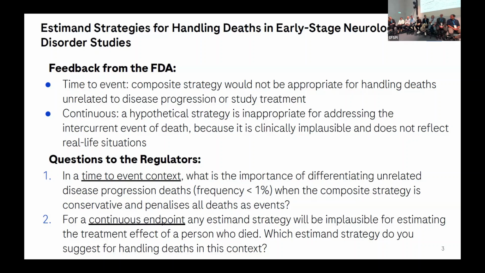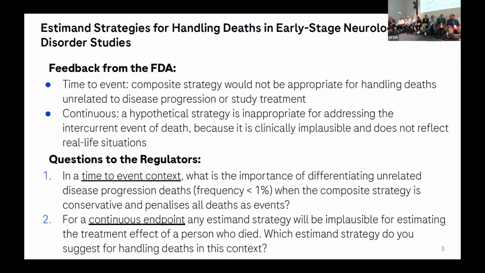I mean, of course, for the continuous endpoint, it's more tricky. But it depends on the endpoint, and in some sense you could even argue that you could assign a value to the patients who die. For example, if it's a functional endpoint, you could argue that death means a loss of all function and interpret it as a treatment policy.